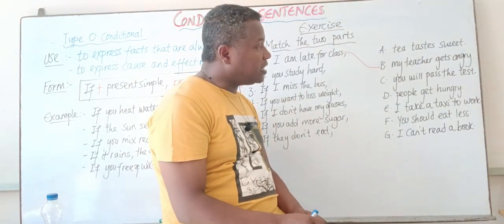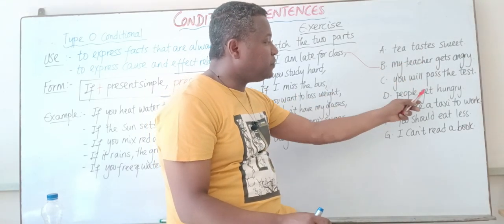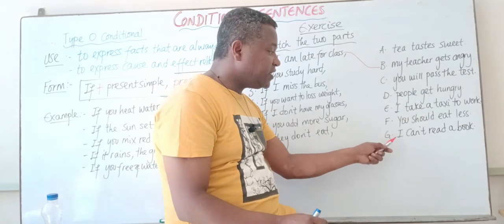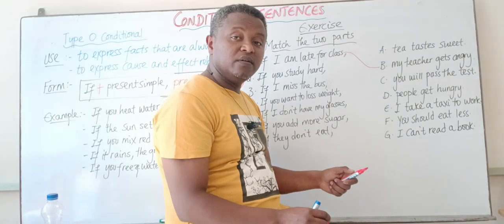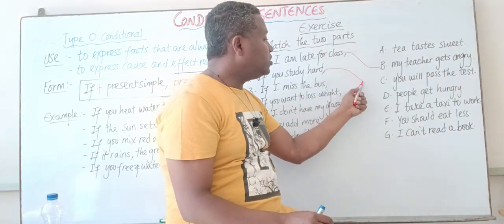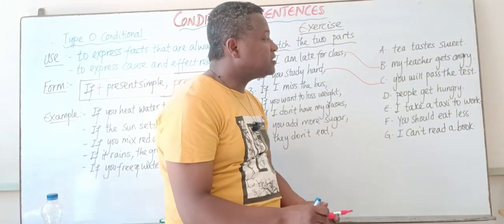The options are: the tea is sweet, you will pass the test, people get hungry, I take a taxi to work, you should eat less, I can't read a book. The answer is, if you study hard, you will pass the test, or you pass the test.